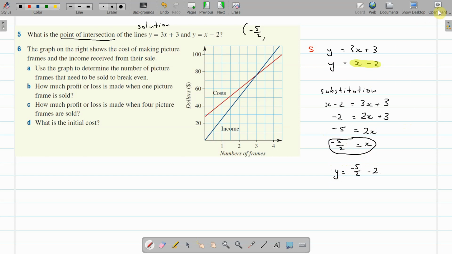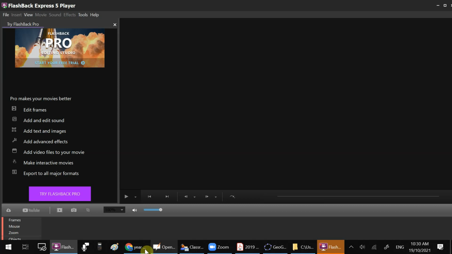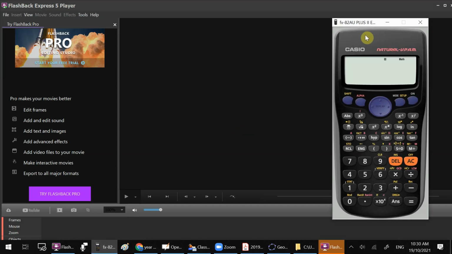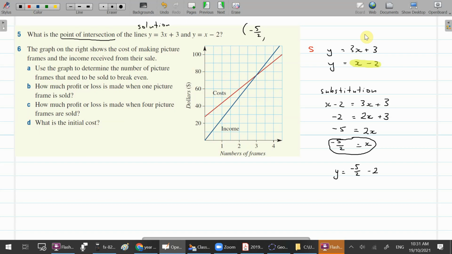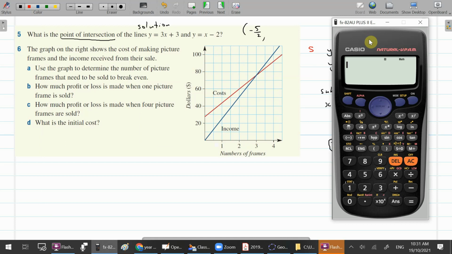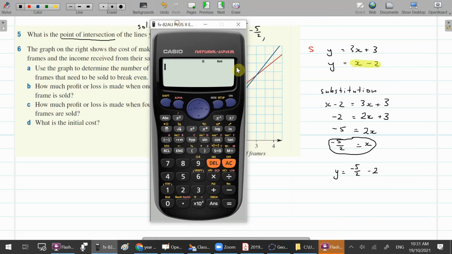Okay, now I'm just going to incorporate the calculator. Calculator on. I'll go back to here, bring our calculator back, and we're doing minus 5 on 2 minus 2.